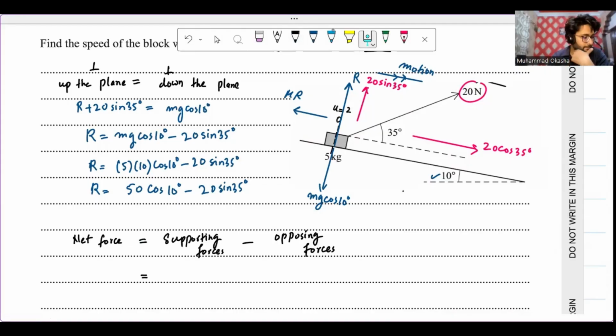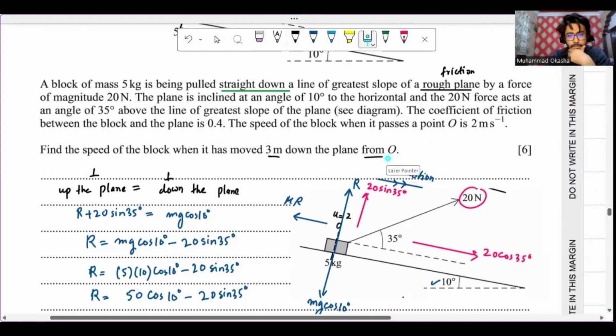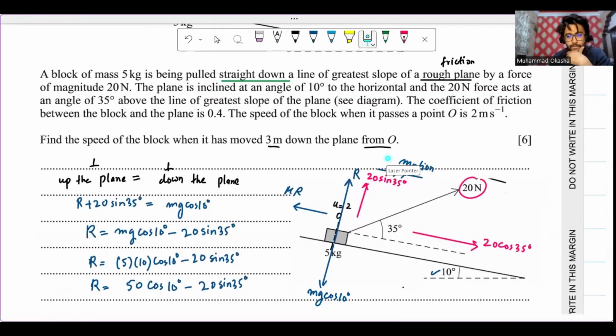Well, there is a force that's supporting the motion, and that is 20 cos 35. I think there's another force I forgot. This is mg cos 10, and this is going to be mg sine 10 in this direction. The other component of the weight, mg sine 10 degrees.